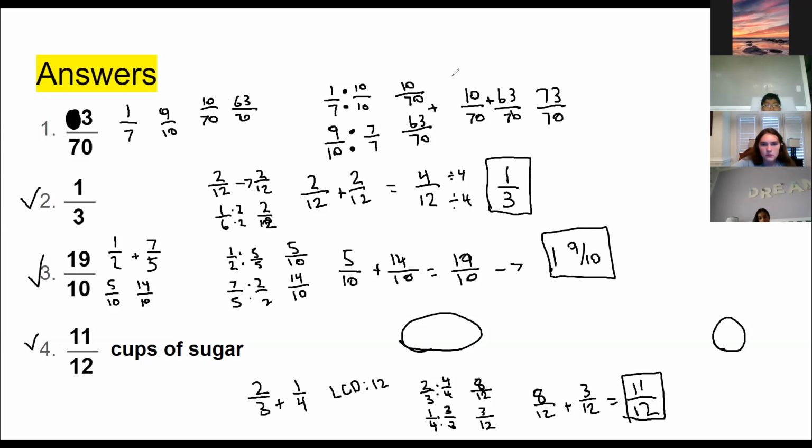I think the answer is 73/70ths. Because 9 times 7 is 63, and 63 over 70 plus 10 over 70 would be 73/70ths. So I think this was just a minor technicality, but I mean, we learn, right? Yeah.